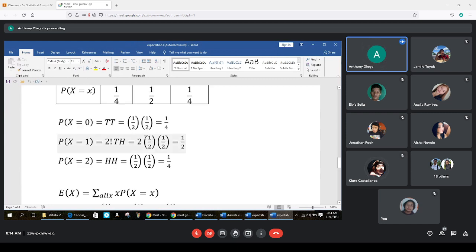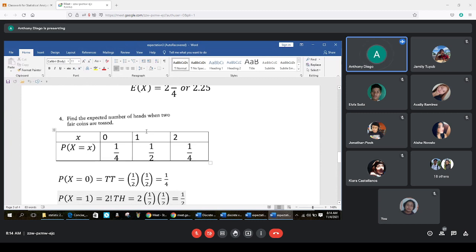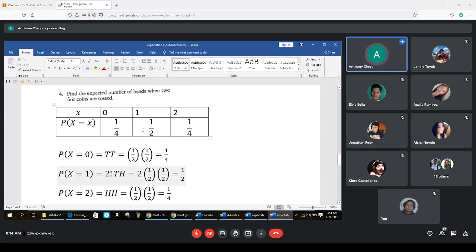This was one of the examples that we did, the last example, to find the expected number of heads when two fair coins are tossed. Now, remember how we got the probability distribution. Since the random variable in this case was heads, when two fair coins are tossed, we could get 0, 1, or 2 heads.